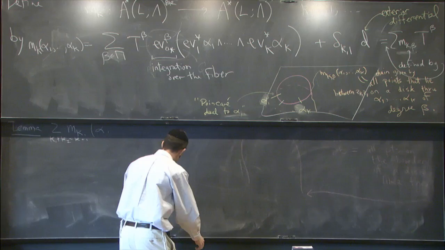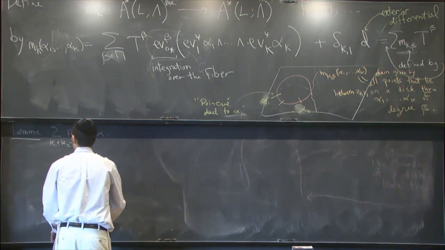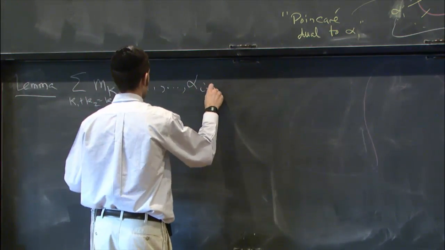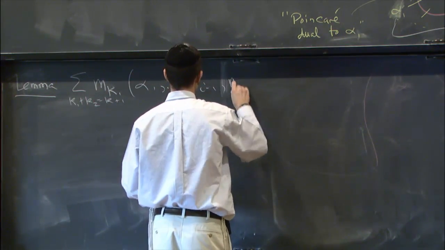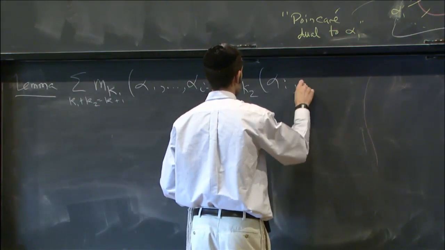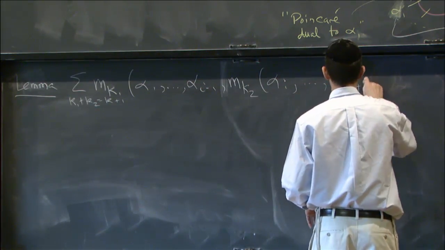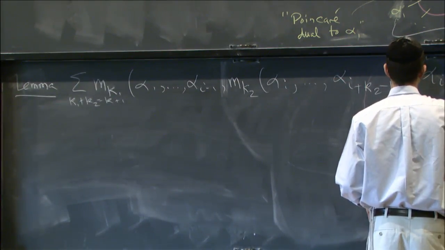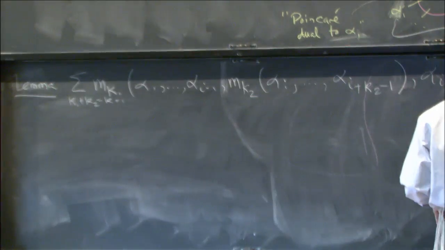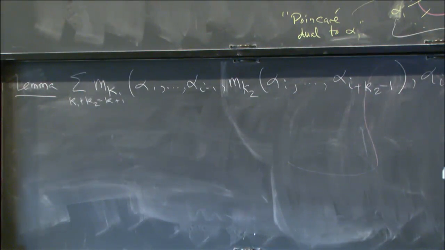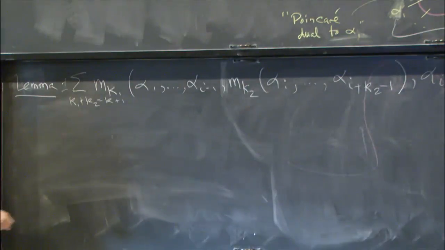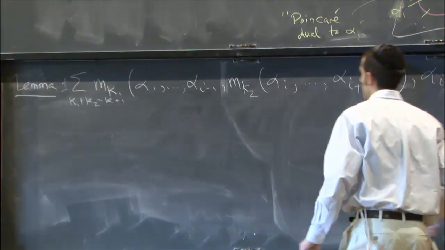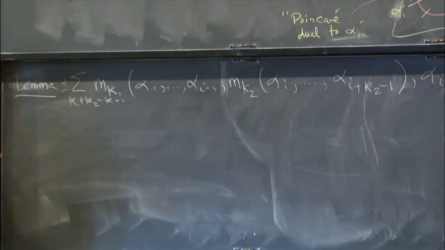So the lemma says that the A infinity relations are satisfied. Again plus or minus, where the sign depends on everything in sight. And this is the A infinity relations.